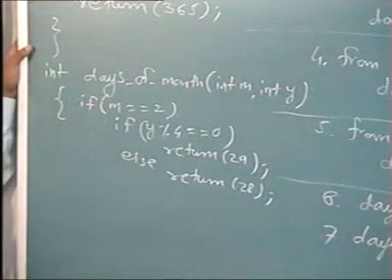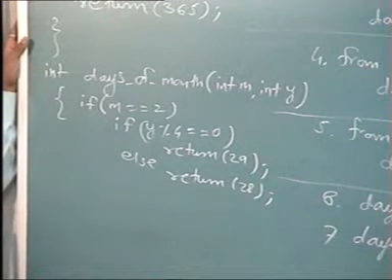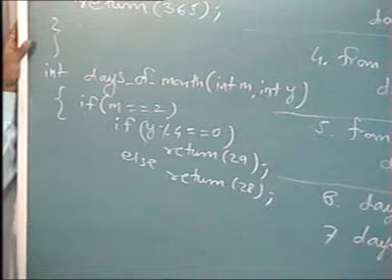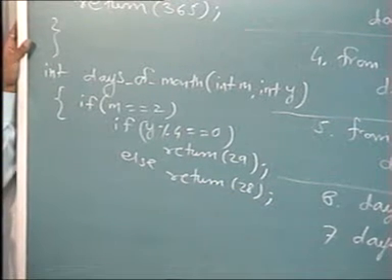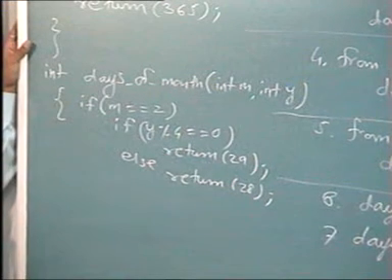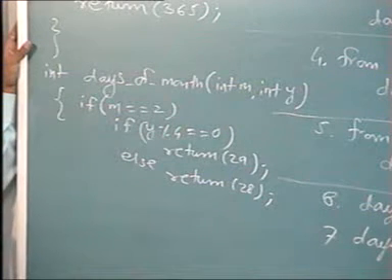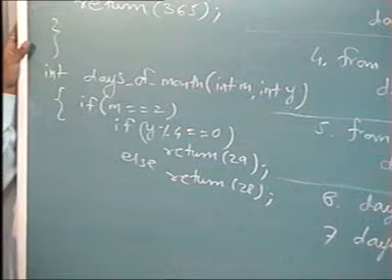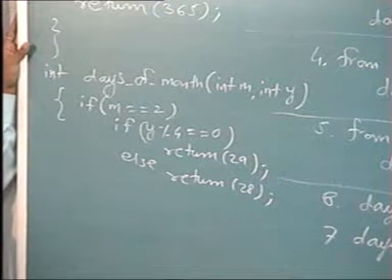After that, not all odd. January, March, May, July will have 31 days, odd, and August, October and December, even months, but will have 31 days. And I don't want to write 11 if statements.